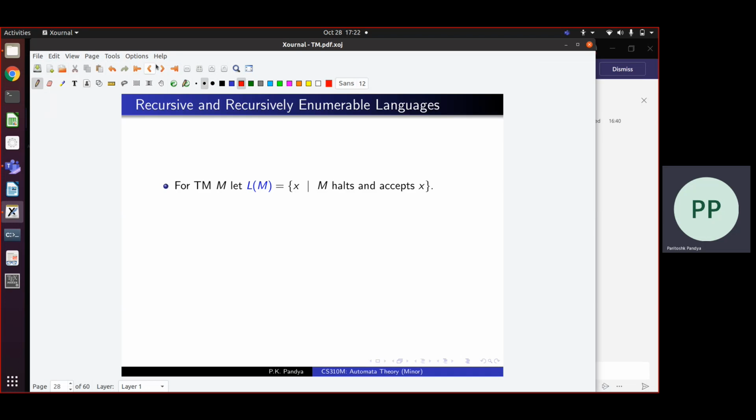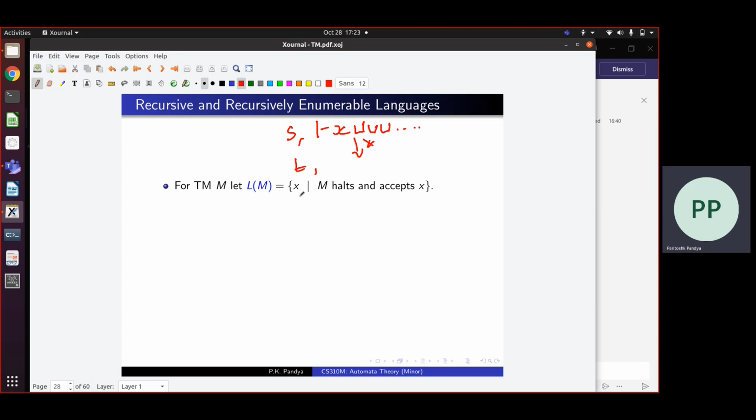Now with that much, I'm going to introduce some terminology. Given a Turing machine M, we define the language of the Turing machine as all those words X such that if you start the Turing machine in the initial configuration, blank, blank, blank forever, putting X onto the input tape, and the Turing machine starting with this configuration halts, reaching the accepting configuration, then you say that the word is accepted and you include it in the language.